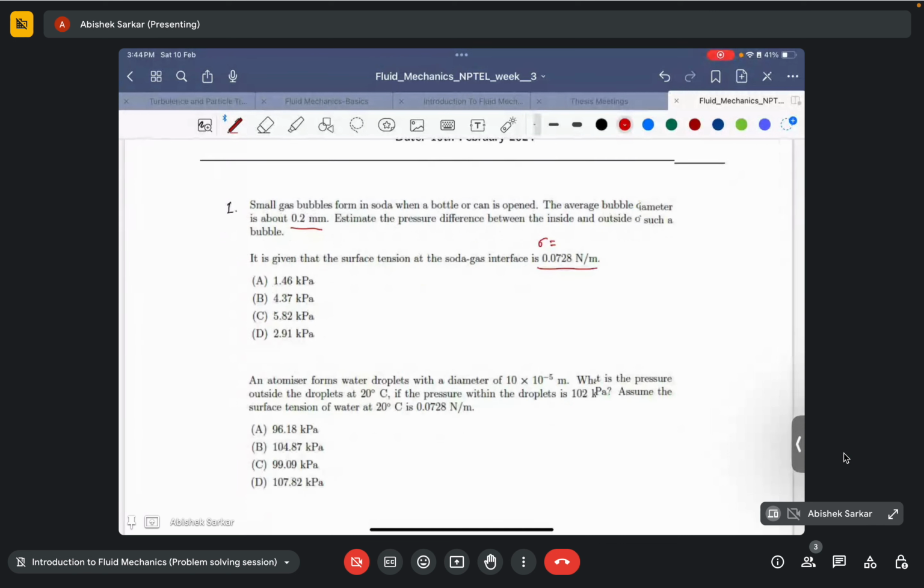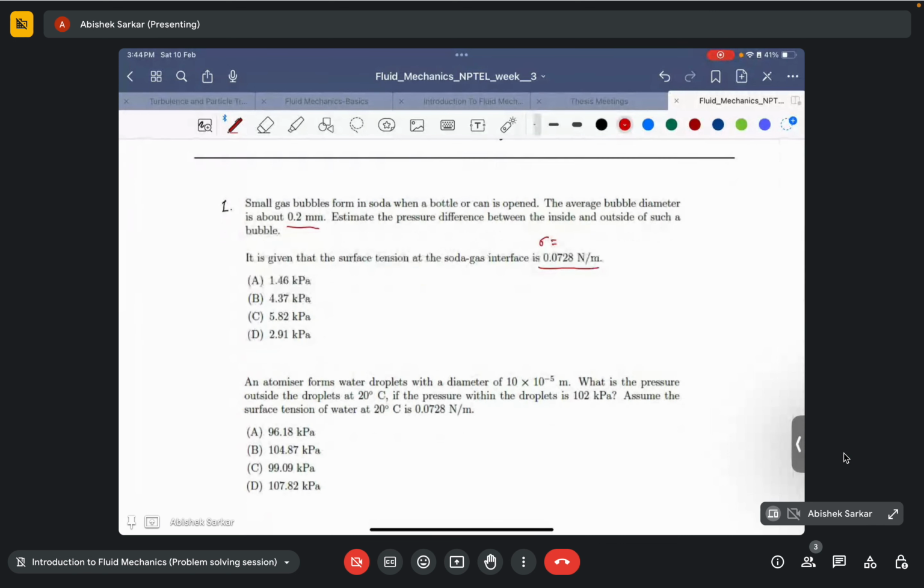So you are asked to find the excess pressure, the pressure difference between the inside and outside of such a bubble. Can you do it? I guess it's very simple. Just use your calculator if you have, put the values in the expression and tell me the answer. You can take some time, obviously, no issues.